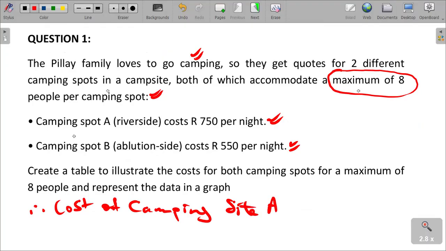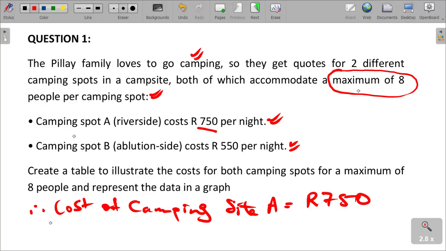It is given that camping spot A, Riverside, costs 750 per night. So this equals 750 rand. It is given in the scenario already. That amount is given.